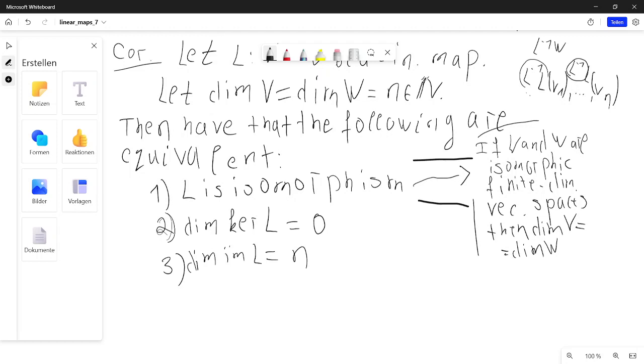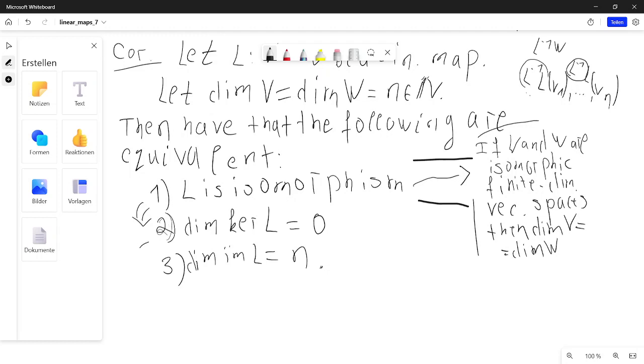And the proof is very simple. We can just go for it. If L is an isomorphism, then of course that follows, because it is bijective and injective, and if it is injective, then the kernel is the 0 vector, and then the dimension is 0.